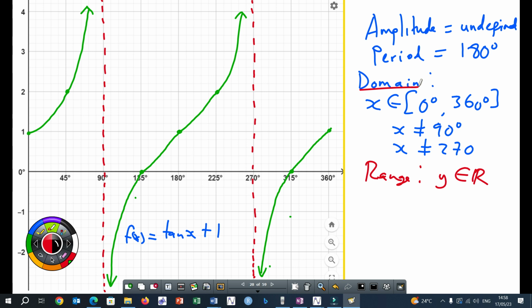Remember we said the y values start from minus infinity. This should guide you when you are drawing. You have to start from the bottom.